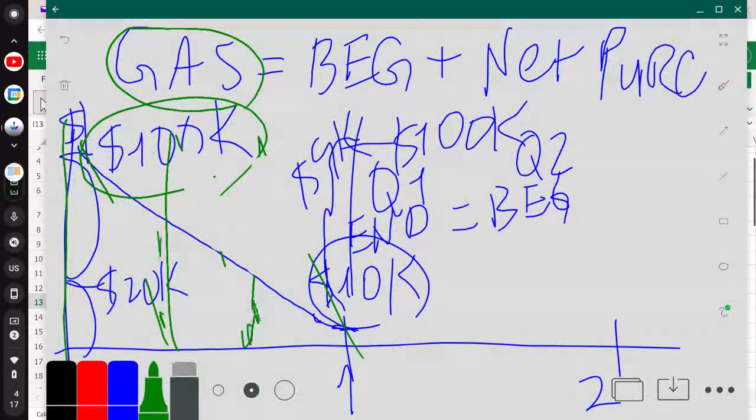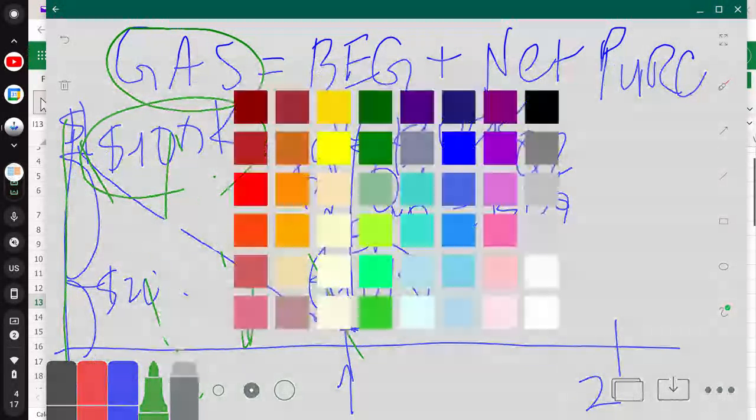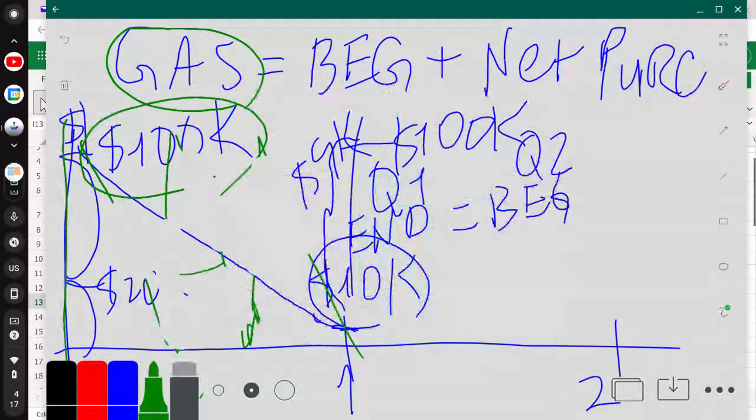Now think about it. During a regular month, what happens? The depletion of inventory represents sale.